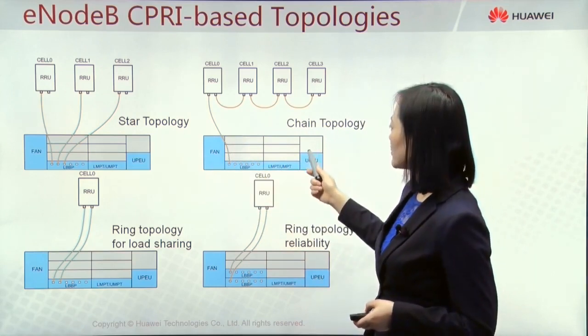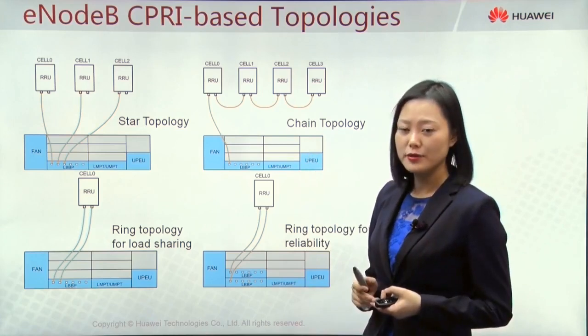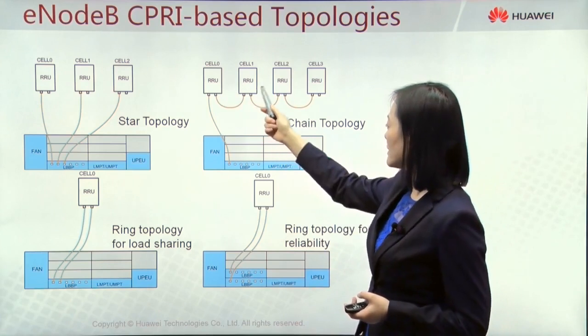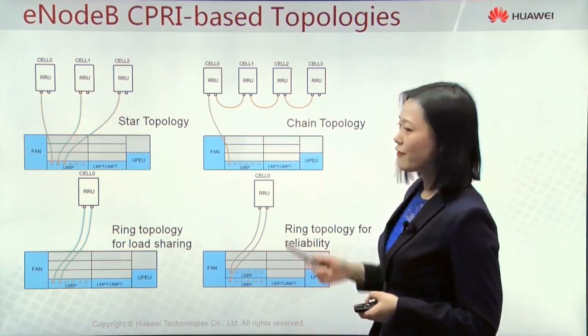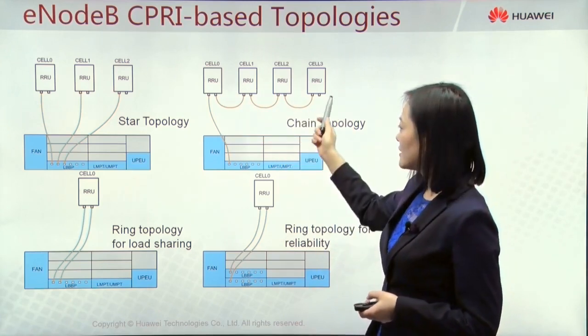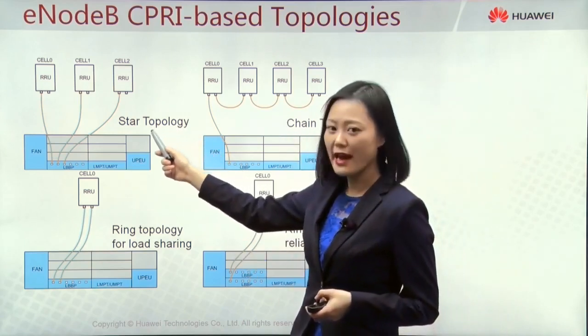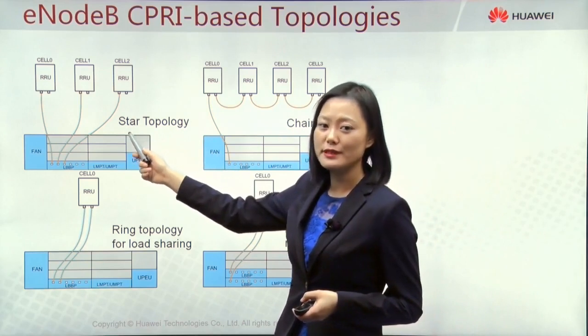It's normally used for the high-speed road, high-speed rail, because the RRUs are installed far away from each other, so it can save CPRI cable. While the star topology is more reliable, but occupies more CPRI resource.